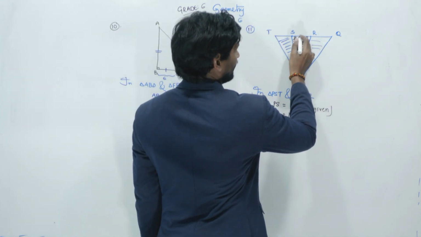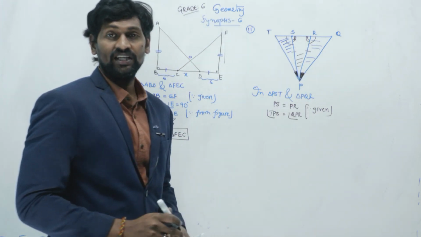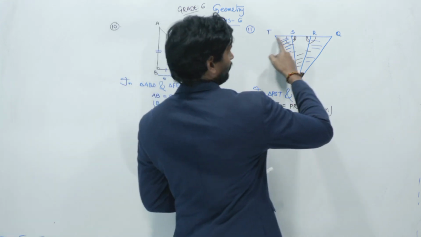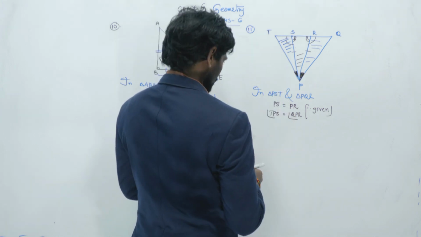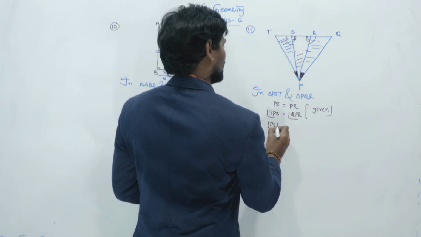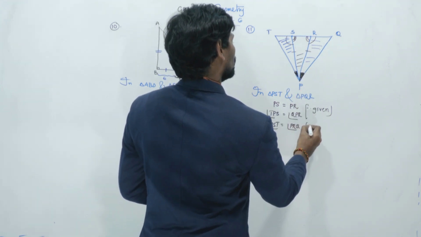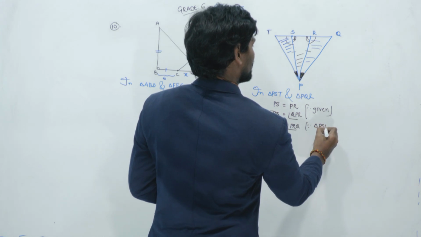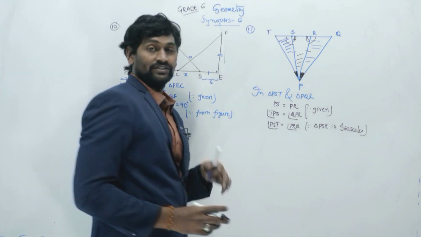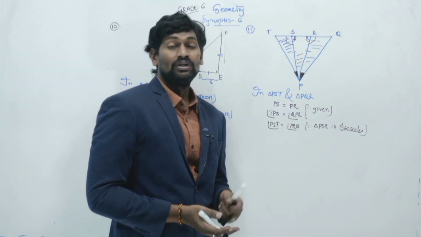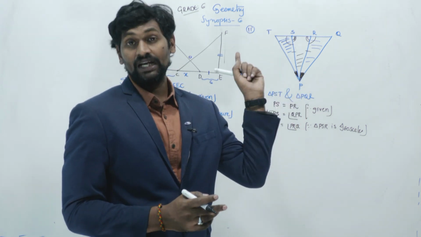Their exterior angles are also equal because they are on the same straight line. So we can write that angle PST is equal to angle PRQ because triangle PSR is isosceles.